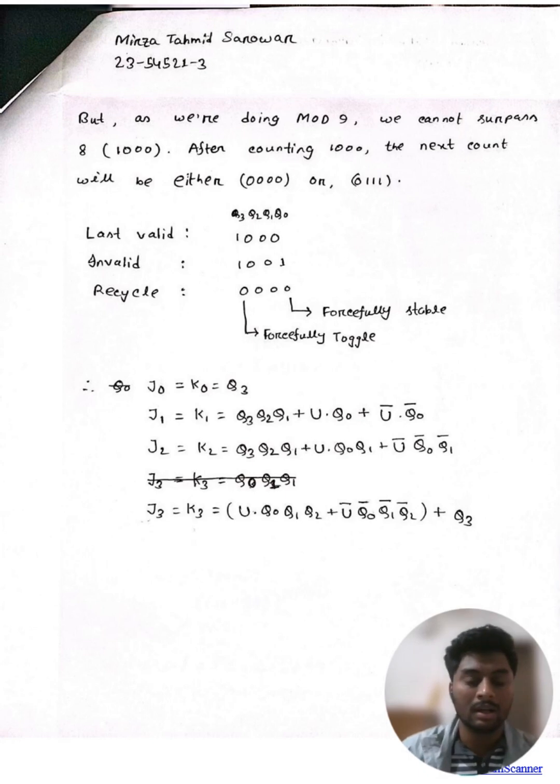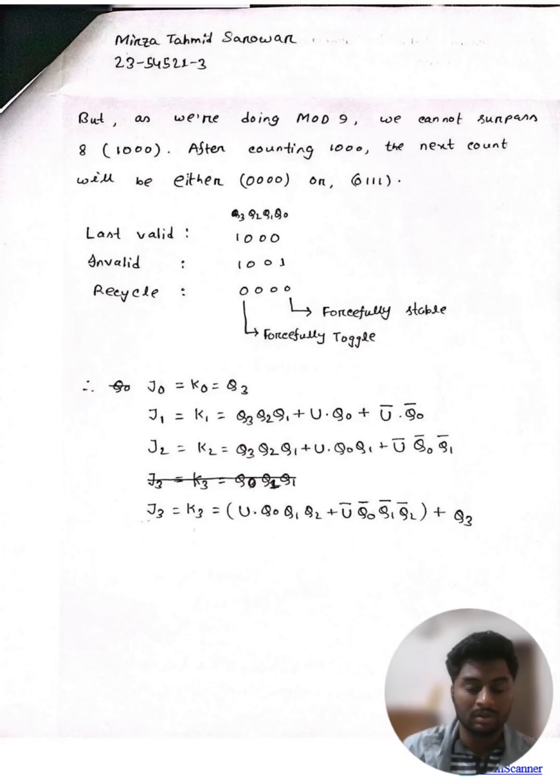And if we go through this, we can see there are two bits, Q1 and Q2, that need no change. So we will not be changing those, and we will have to work according to Q0 and Q3. So Q0 will be forcefully stable because the last valid state was 0, and the next state we are expecting is 0.